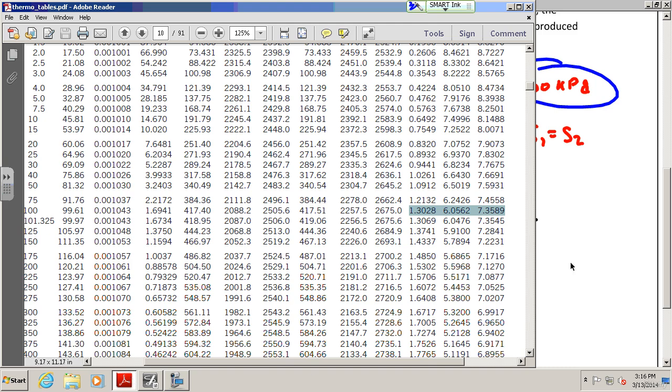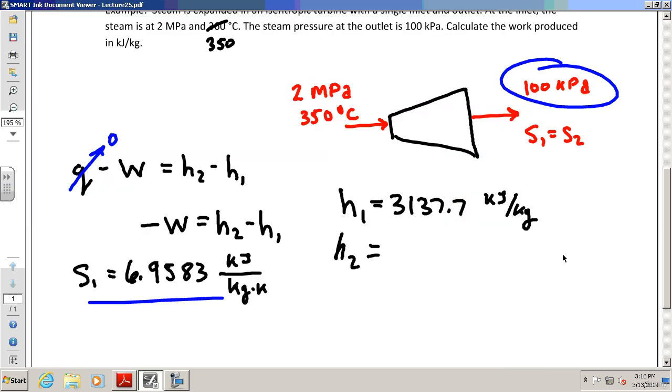So practically speaking, how am I going to get the H? What am I going to have to get? The X, the quality, right? So how am I going to get that? Let me go fast. I'm going to say the S that I have is equal to the S of the liquid plus the quality times the SFG, right? So this is 6.9583.